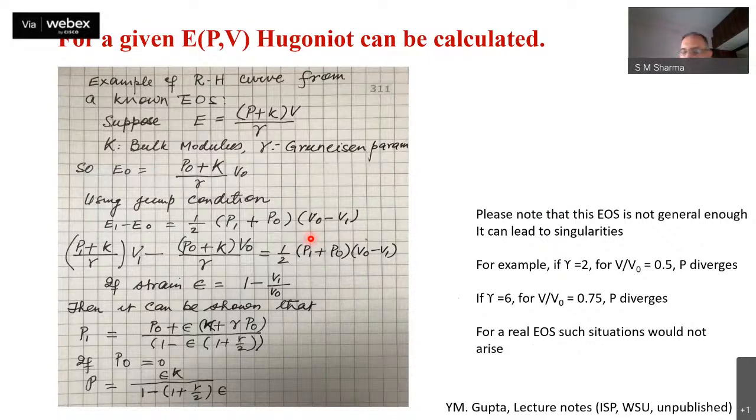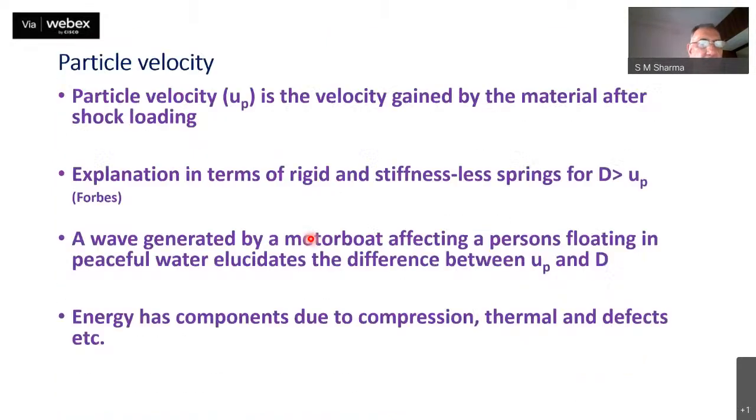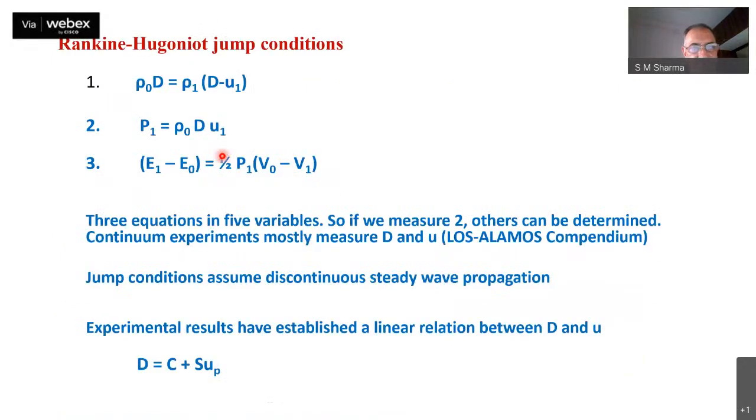But if you know energy as a function of pressure and volume, then the Hugoniot can be calculated. Please remember, as mentioned here, the energy along the Hugoniot curve has to satisfy this condition. So specifically, if you want to find out the Hugoniot states from a given E-P-V, make sure that it satisfies this particular equation.